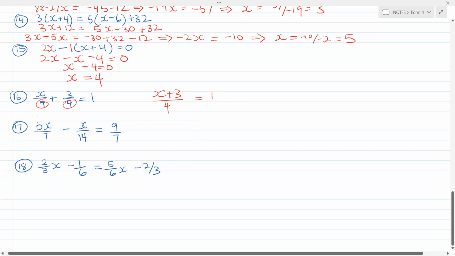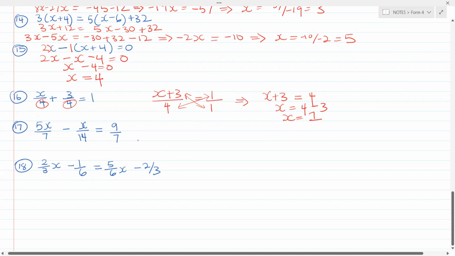We can put this as 1 over 1. We know that we can cross multiply. So this would be x plus 3, which will be equal to 4. So x will now be equal to 4 minus 3. x would be equal to 1.